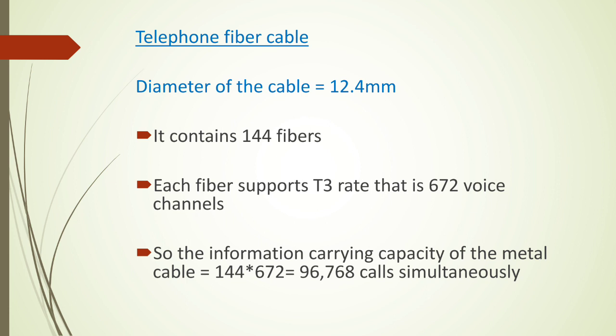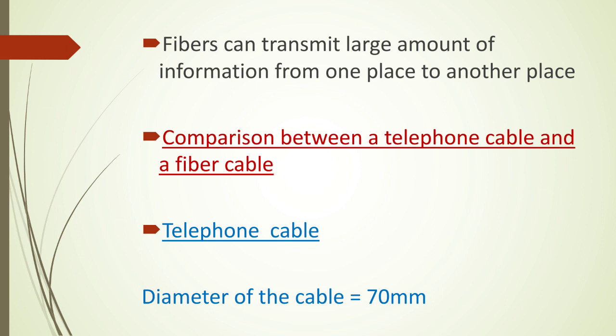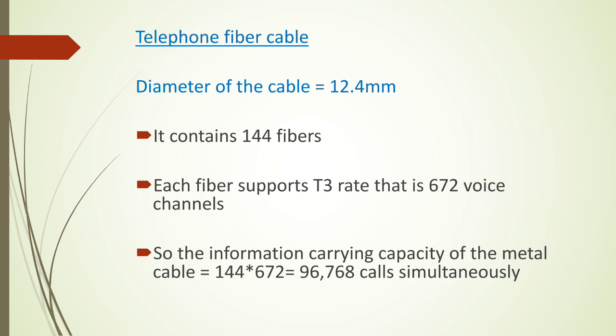Now let us talk about the fiber cable which is used for telephonic conversation. The overall diameter of the cable is 12.4 millimeter. The overall diameter of the metallic cable was 70 millimeter, while the diameter of the fiber cable is 12.4 millimeter only.